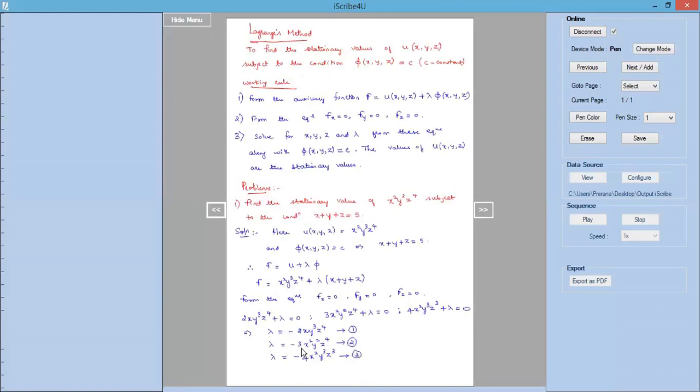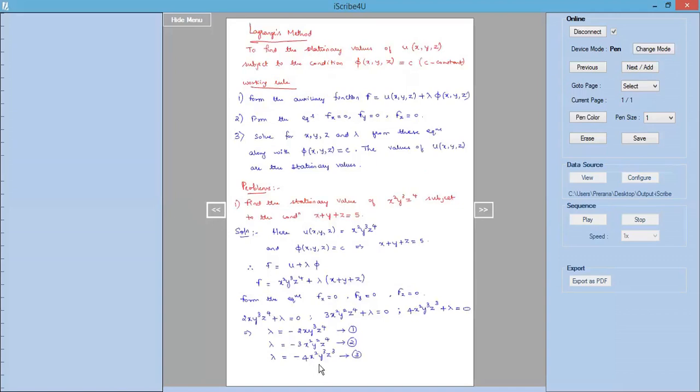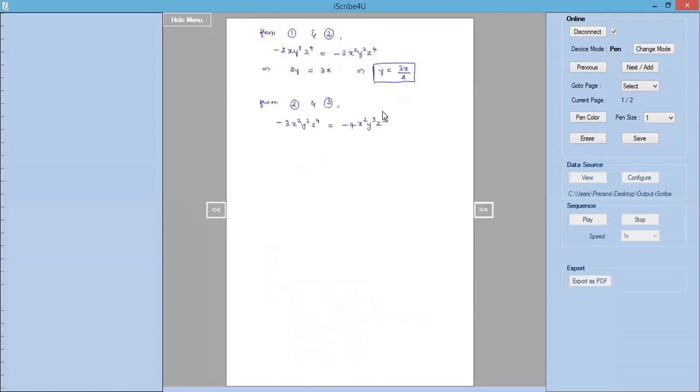So I have RHS is equal to RHS since the LHS are the same. So minus 3x square y square z power 4 is equal to minus 4x square y cube z cube. So that is what I have equated. Now again, cancelling the like terms, x square gets cancelled on both sides, y square gets cancelled on both sides, z cube gets cancelled on both sides, minus gets cancelled. So what I remain with is 3z is equal to 4y.